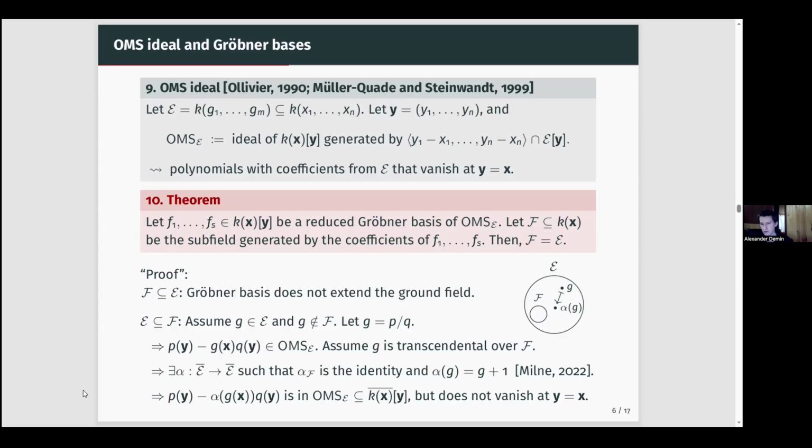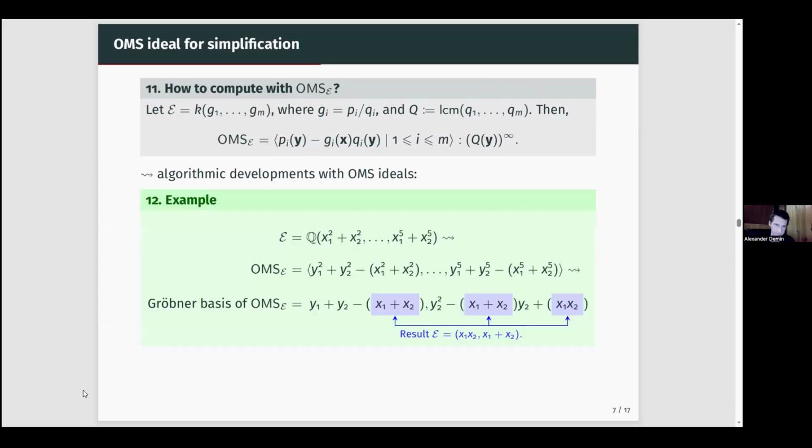Okay, so now this could be quite abstract. Let us jump to an example of why these OMS ideals are actually quite nice for the question that we ask. On the slide, there are two blocks.